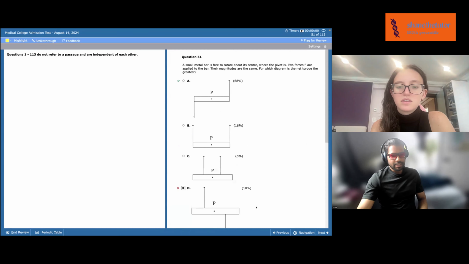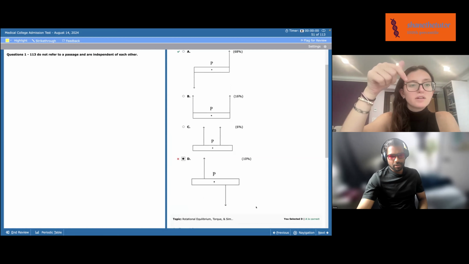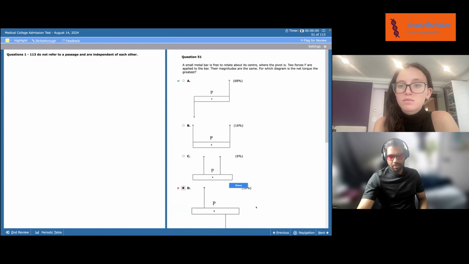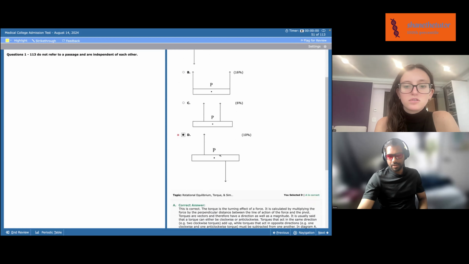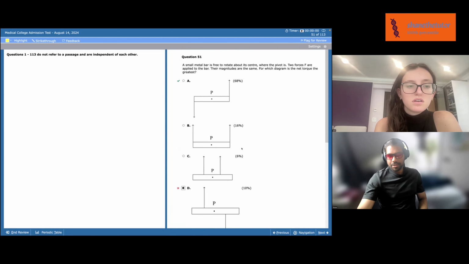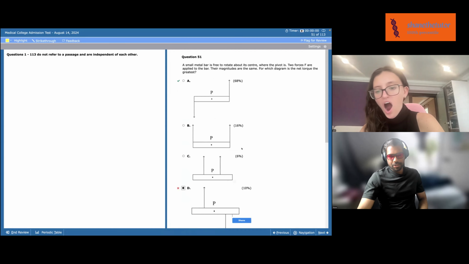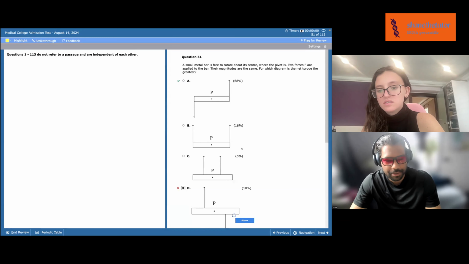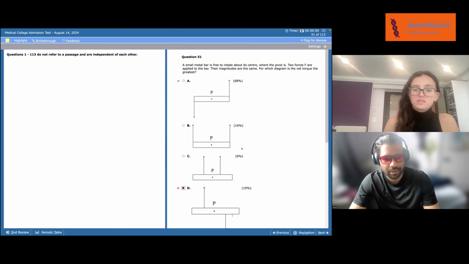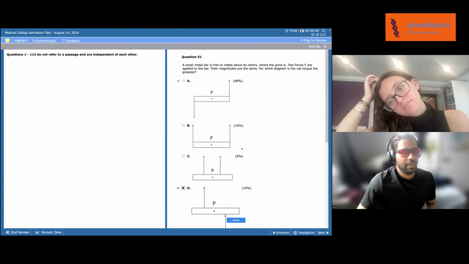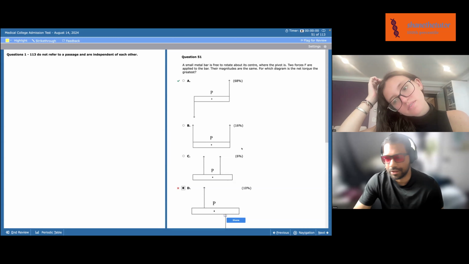So let's imagine it's a door. It depends where you apply force, no? It's rotated about its center, so I assumed it would be closer to the center than on the ends. Let's pretend this is a door, and the doorknob is usually around here, but imagine it being around here, and you're opening the door.